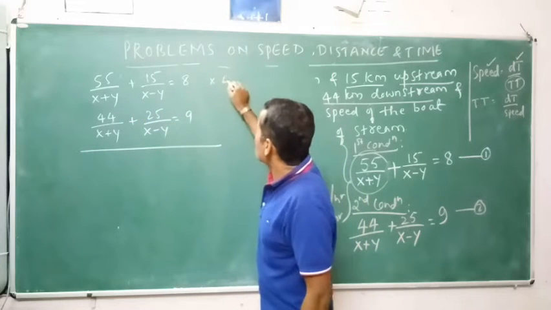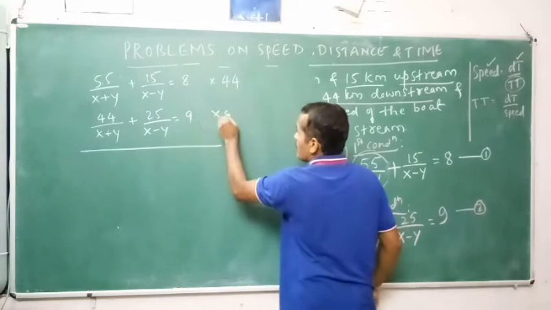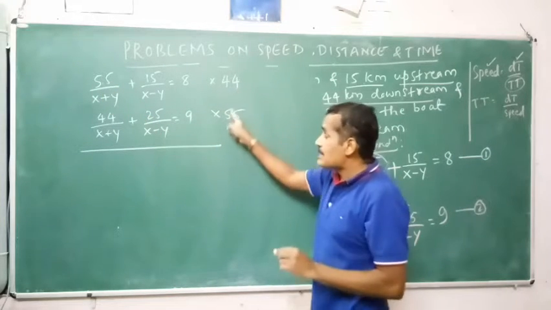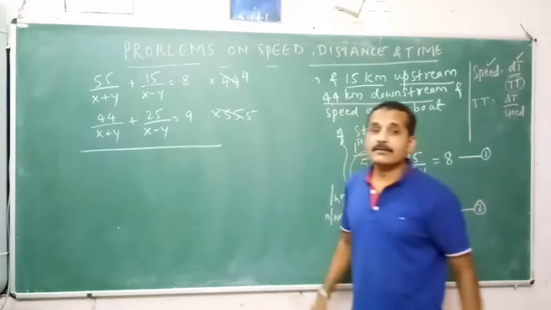I will multiply this by 44 and I will multiply here by 55, which can be simplified. 11 fours are, 11 fives are.